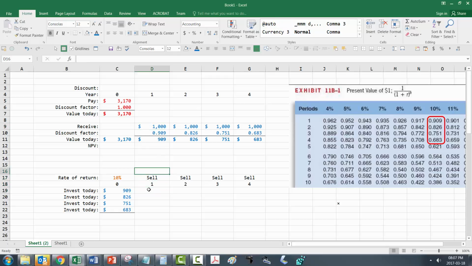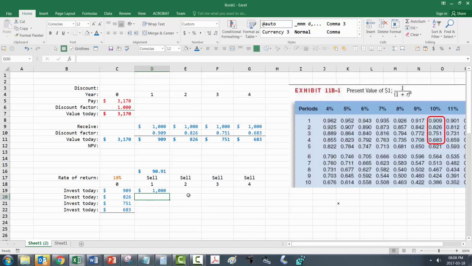If I invest $909 at 10%, I'm going to generate $90.91. Meaning that when I cash out at the end of that 1 year, I will get the initial investment plus that $90 or $1,000.